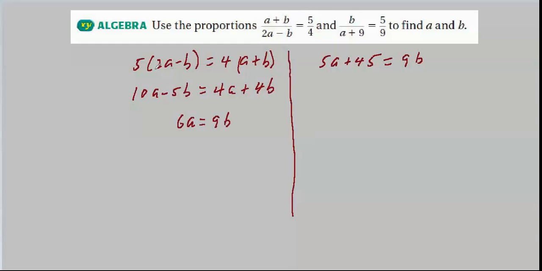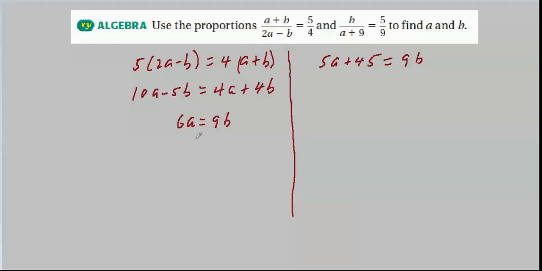If we do that, we get 5 times this down here. Use our distributive property and get 10a minus 5b, and set it equal to 4 times this here, which is 4a plus 4b. So what do we have? We subtract 4a from each side, add 5b, and get 6a equals 9b.